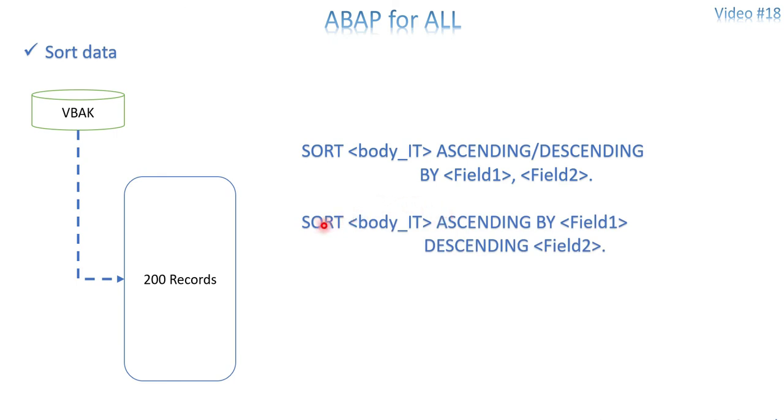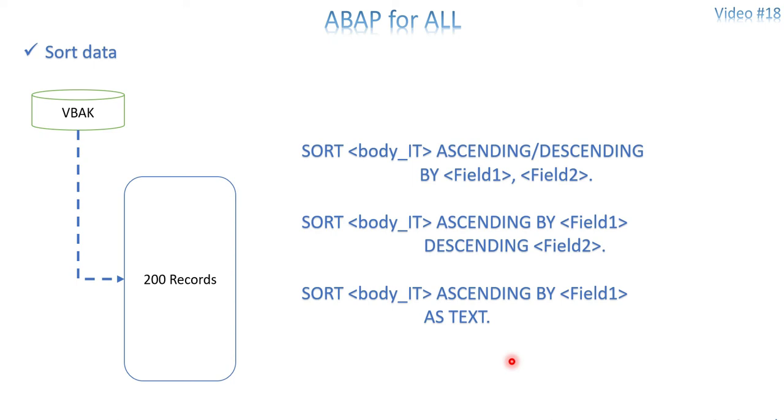Another way of syntax is sort body of an internal table, I want to do ascending by field 1, descending by field 2. Yeah, that also you can do. Depends on the requirement, we can make use of ascending and descending for the different fields. Another one is sort by text. This is especially for character based fields, where some values are lowercase, some values are uppercase.